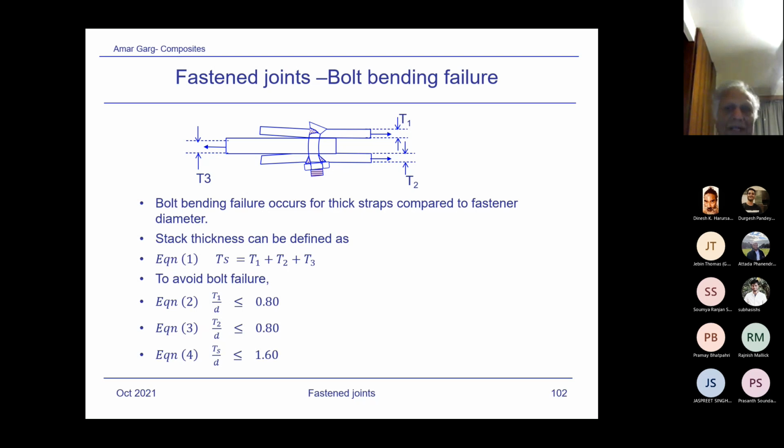Well, there's a danger in doing that. You have to carefully watch that you do not keep on increasing the thickness and violate this condition. You will fail the bolt rather than the bearing. So it's an important recommendation. Just remember this criteria. It looks simple, but I tell you, joint failures occur due to this phenomenon, when designers don't follow certain guidelines.